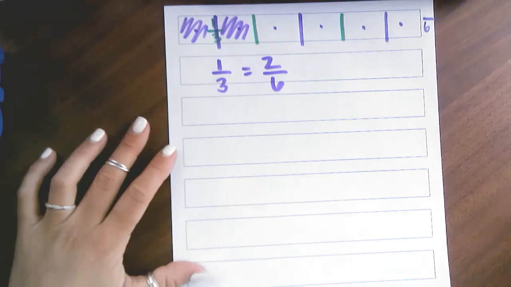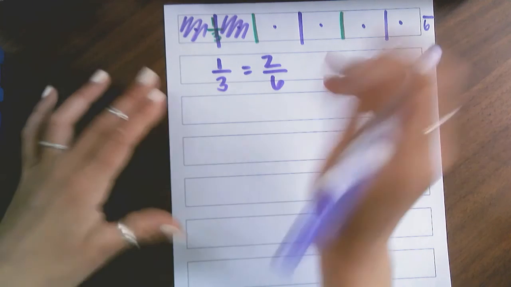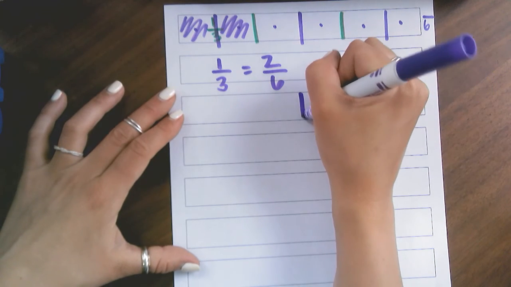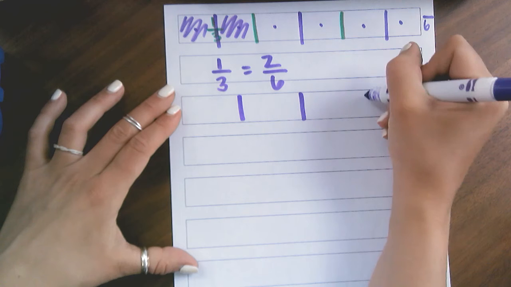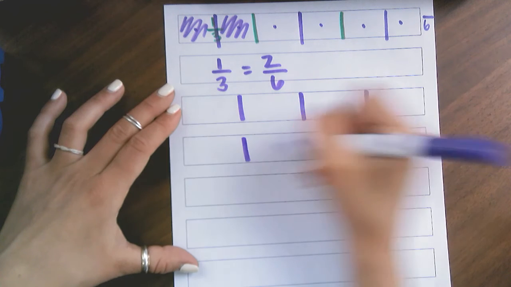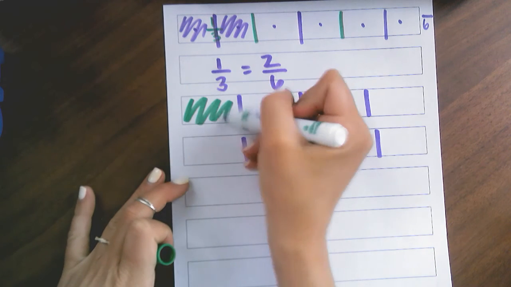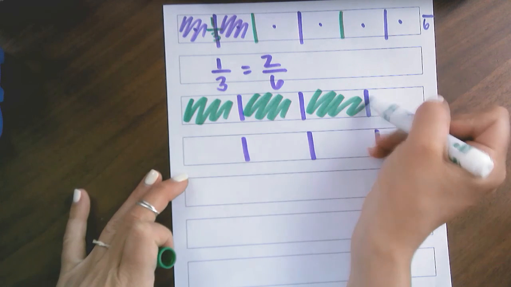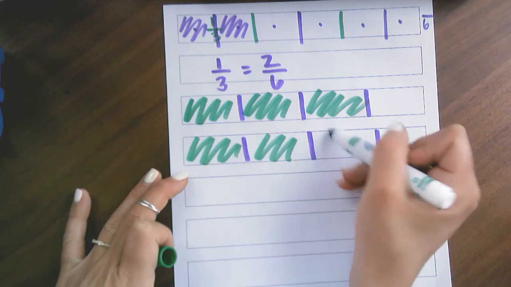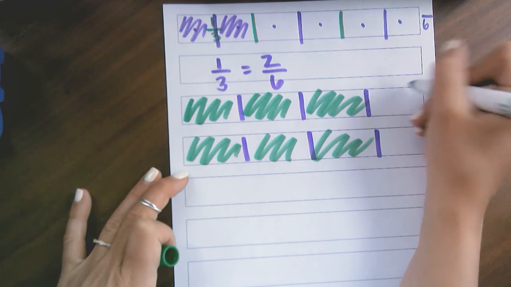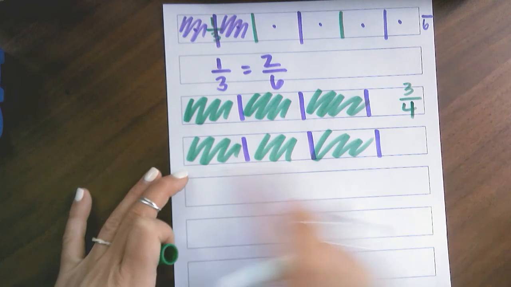So we can do another one. This time we will do fourths. And I'll show these separately to maybe help you see it better. And I want to know what is equivalent to 3/4. So I have 3/4 here. And right now this also is 3/4.